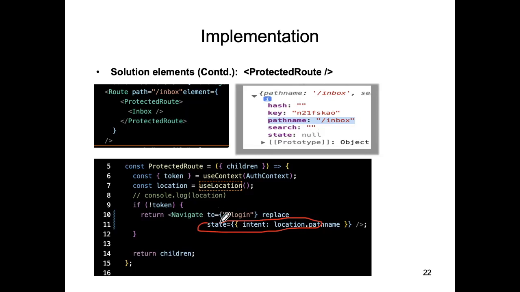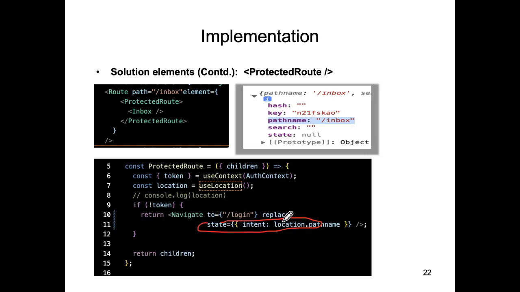In my case, what I want to do is I essentially want to store in the location object where the user was trying to go to before we forced them to log in. And so how am I doing that? I'm storing in my state. My state is going to be an object. My key is arbitrary. I've called it intent.